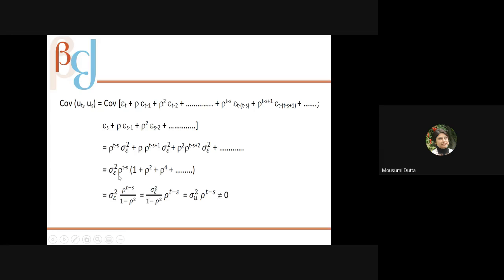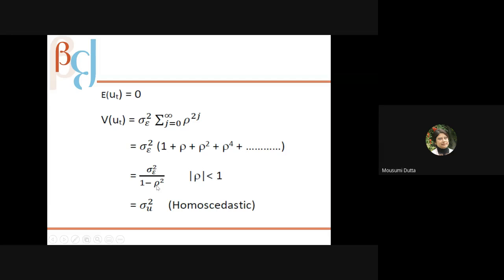If I take sigma epsilon square rho to the power t minus s common, again I am getting the GP series. So this can be presented as sigma epsilon square rho to the power t minus s divided by 1 minus rho square. Now, sigma epsilon square divided by 1 minus rho square is nothing but the variance value.